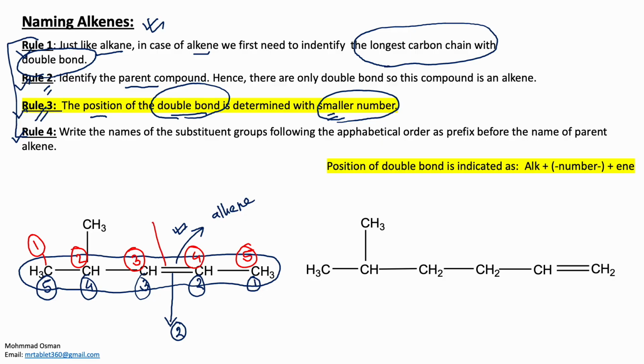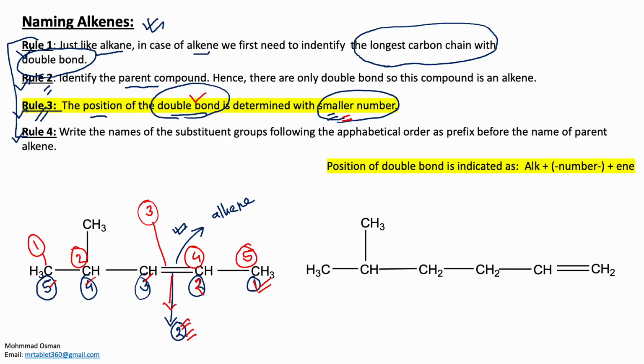Then this double bond would get position 3. But rule number three tells us the double bond is determined with the smaller number, and definitely 2 is the smaller number. Hence, we need to start numbering from here. Consider this carbon as 1, 2, 3, 4, and 5. Only then the double bond gets the smaller number, which is 2.